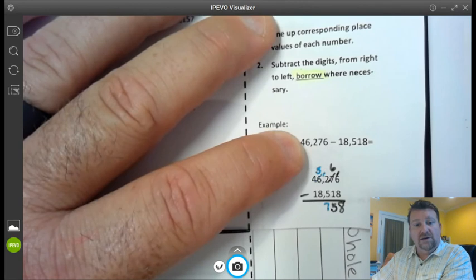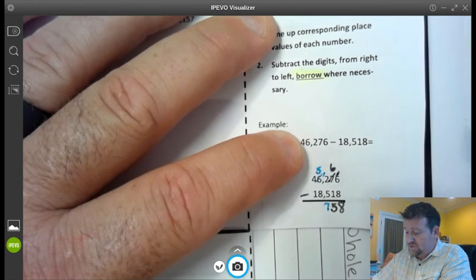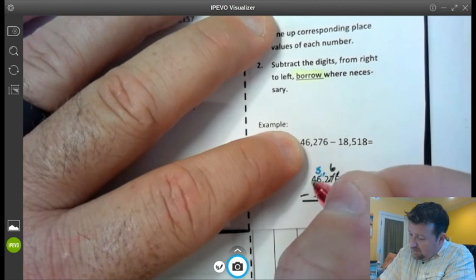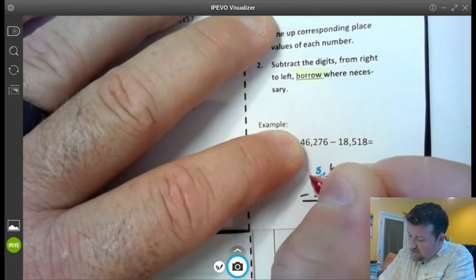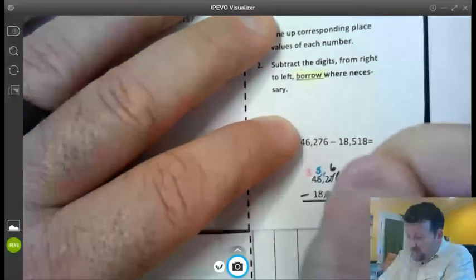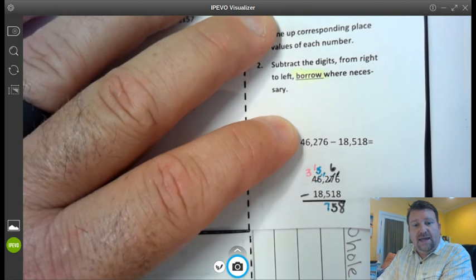And now I look in the thousands place. Can I take 8 away from 5? The answer is no, I cannot. So now we've got to borrow again from the 4. We cross that out, make that a 3. That pink's not very bright. And then that 5 becomes 15. Can I take 8 away from 15?